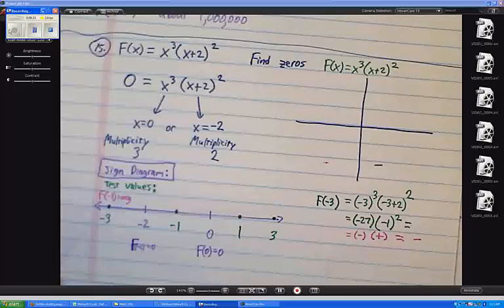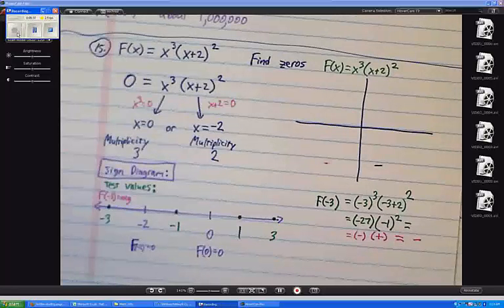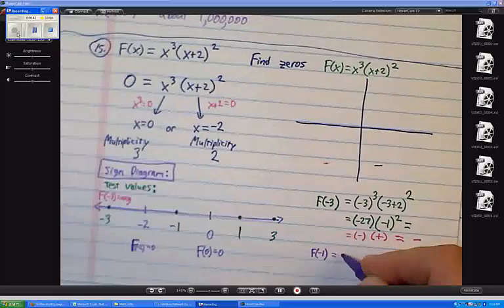Remember that f of negative 2 is 0. Hopefully this is making some sense. Here, I'm going to pause and have you guys try f of negative 1. F of negative 1 would be negative 1 cubed times negative 1 plus 2 squared.